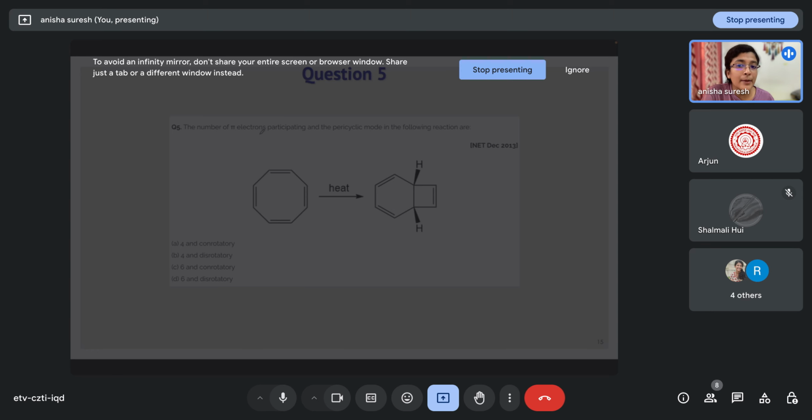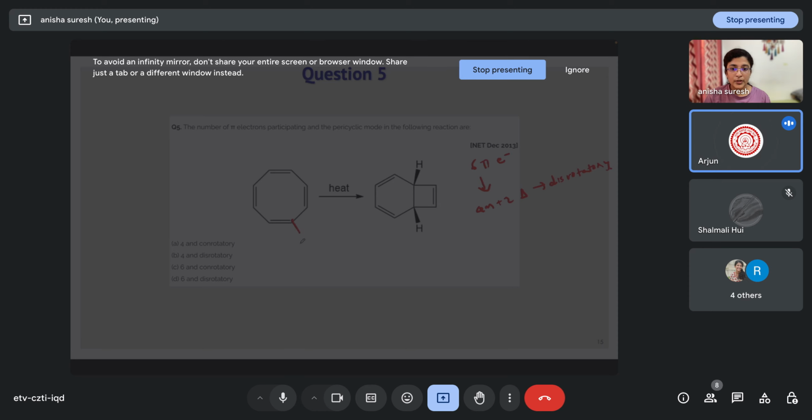What is the number of pi electrons that are participating in this reaction which will result in the formation of this product? 6, and this is disrotatory. Yes, 6 pi electrons will be participating and it will follow the disrotatory mode of pericyclic reaction. According to the Woodward-Hoffmann rule, 6 pi electron, 4n plus 2, delta will be disrotatory. Clear?